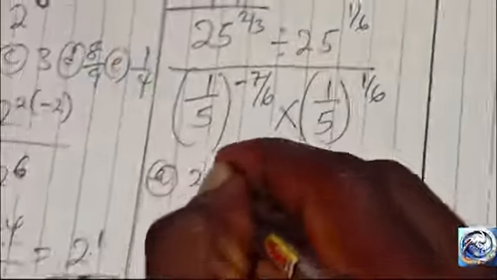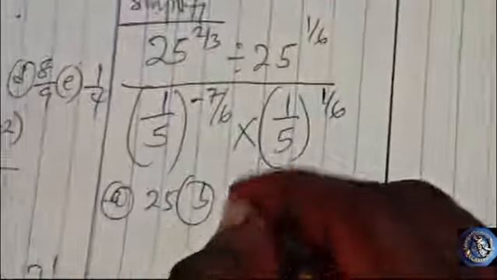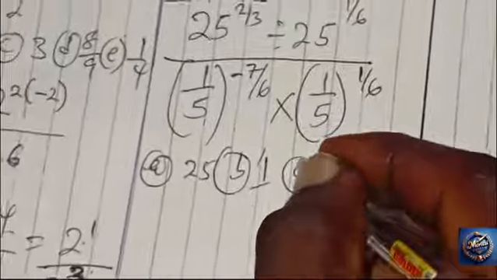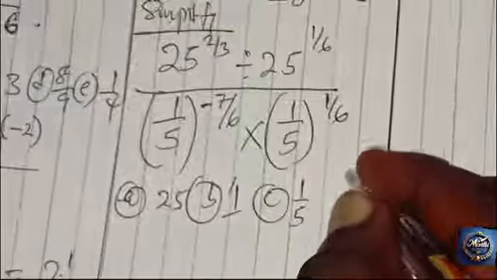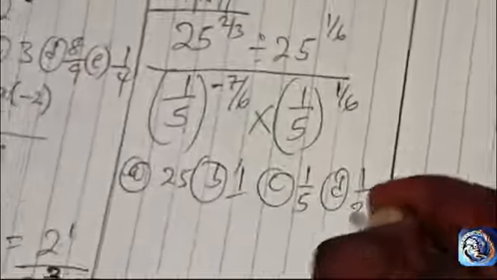The options are A 25, B 1, C 1 all over 5, D 1 all over 25.